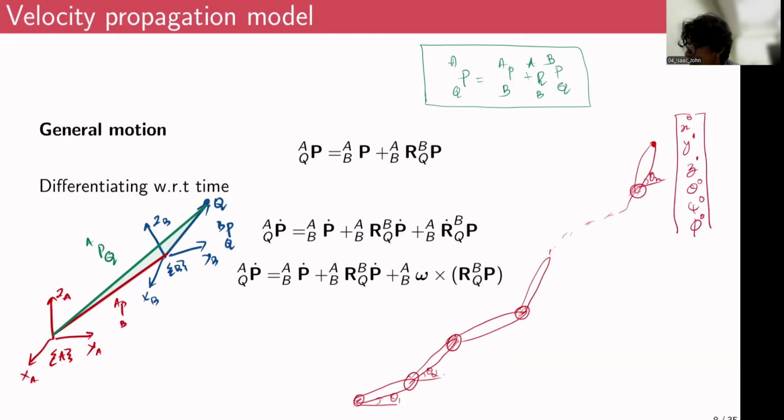All six components, six linear components and six rotary components. So the reason why we are doing this velocity propagation is we need to find a mapping between the velocities in joint space, theta 1, theta 2, theta 3, a mapping from the joint space all the way to the task space.